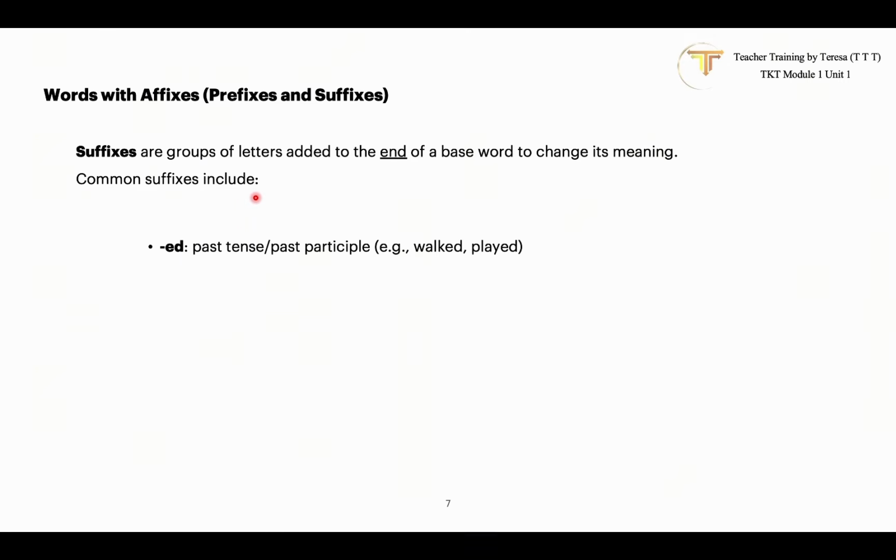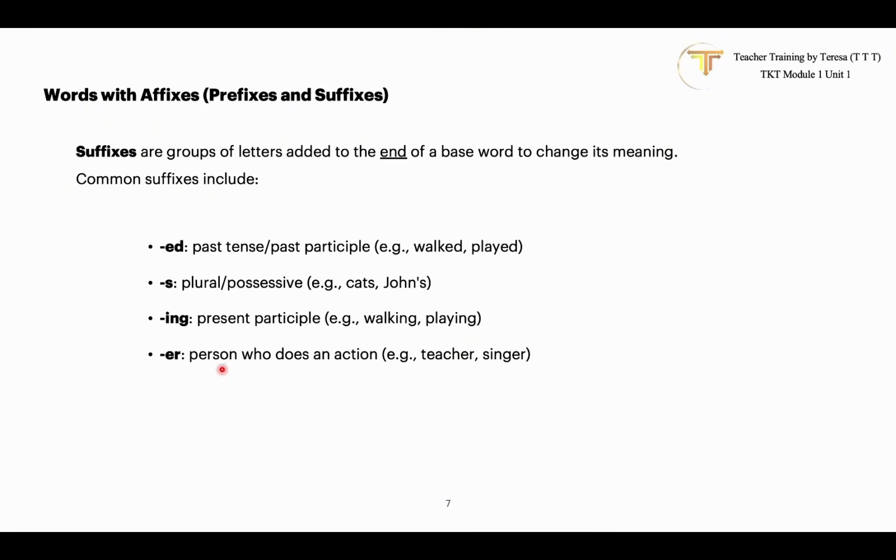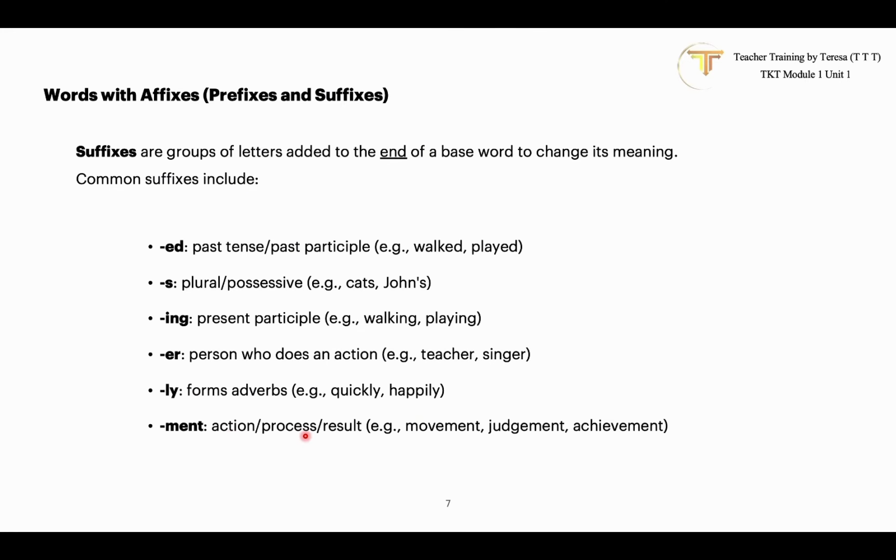Common suffixes include ed, past tense, past participle: walked, played; s, plural, possessive: cats, John's; ing, present participle: walking, playing; er, person who does an action: teacher, singer; ly, forms adverbs: quickly, happily; ment, action, process, result: movement, judgment, achievement.